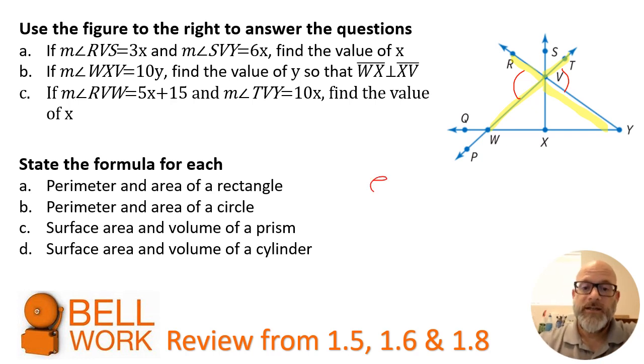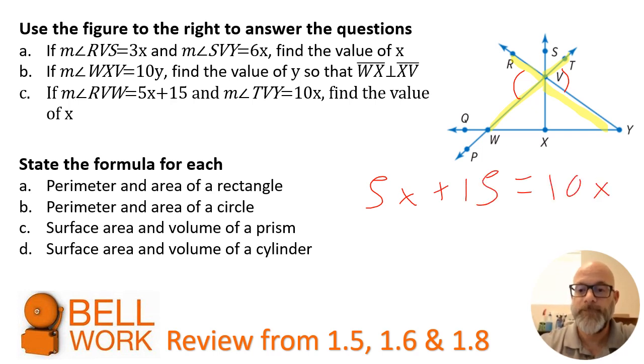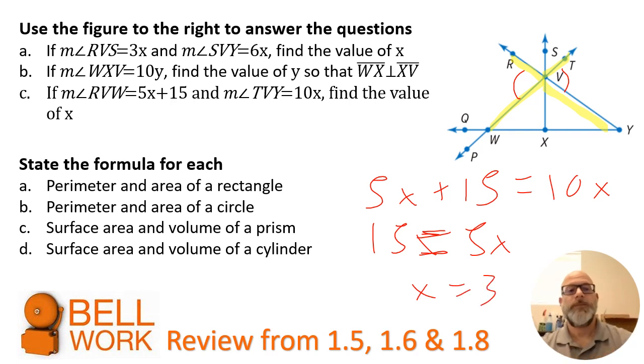Therefore, we can say that 5x plus 15 must equal 10x. Right? Congruent angles have equal measures. Therefore, we can say 15 is equal to 5x, or x equals 3.